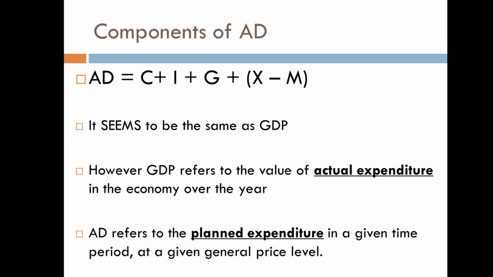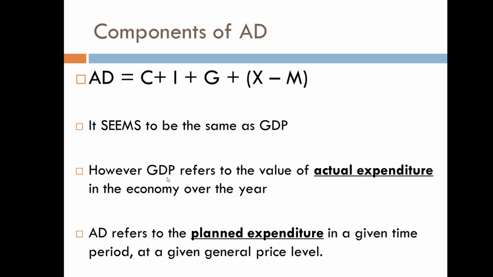It's not the actual expenditure. If you use the logic from a demand and supply diagram, you know it's just a plan. At the end, that consumer or that producer may not trade at that particular price and that particular quantity. It's a schedule.